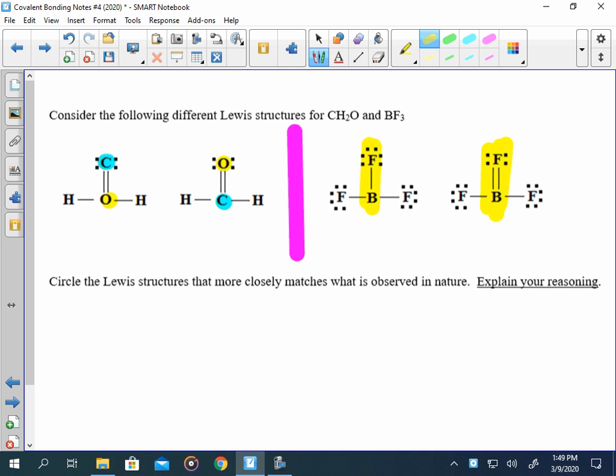Not difficult. It's all about the formal charge.